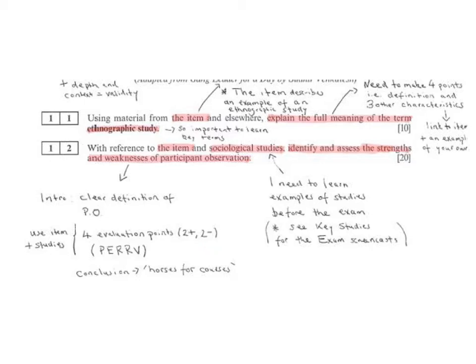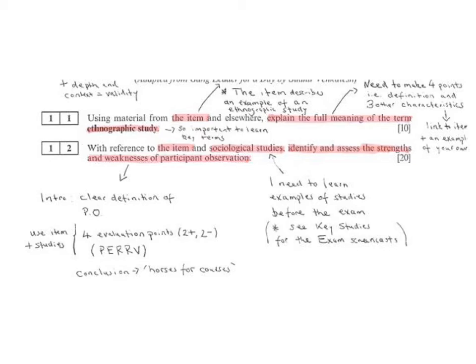And one of the things that I would always be thinking about with questions that ask me to evaluate sociological methods is I'd be thinking of linking evaluation points to practical factors such as time and money, ethical issues, representativeness, reliability and validity.